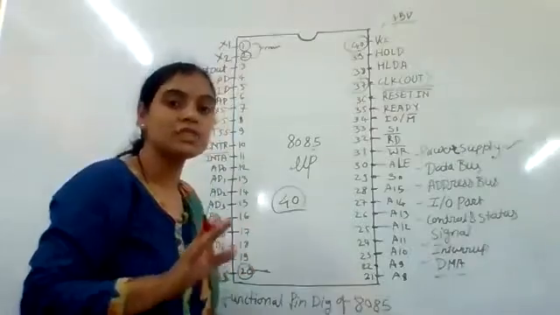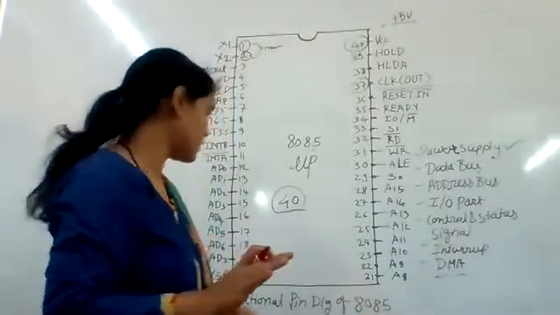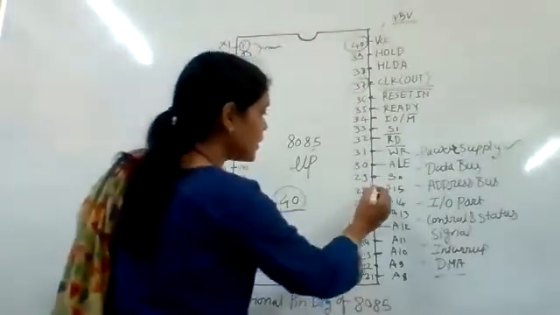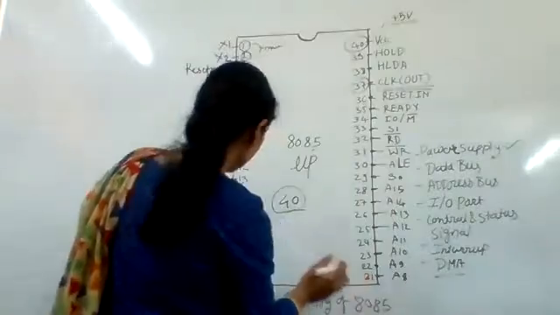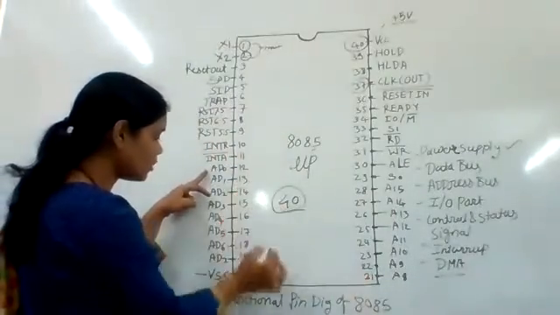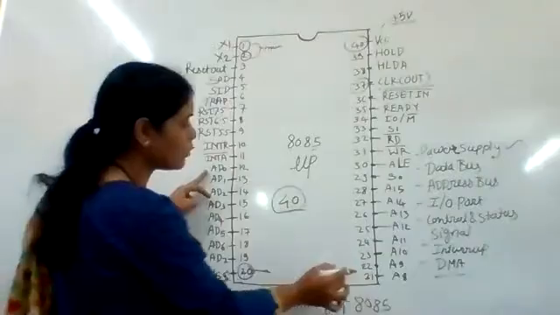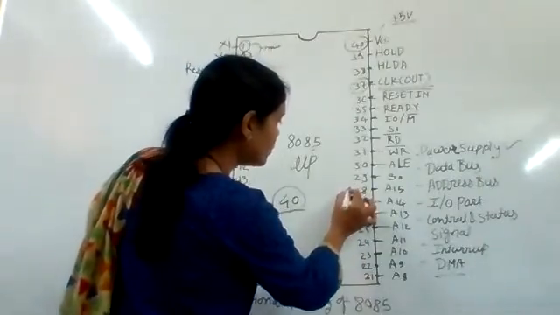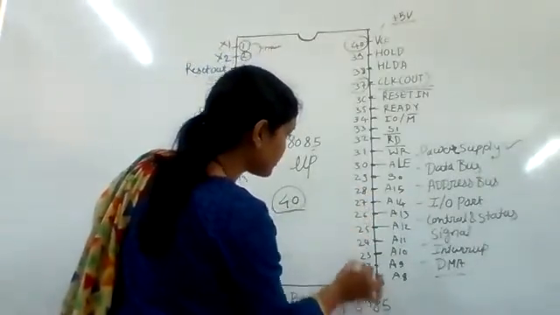There are 16 address lines and 8 data lines. However, out of 16, 8 are multiplexed. These are pin number 12 to 19, and pin number 21 to 28.